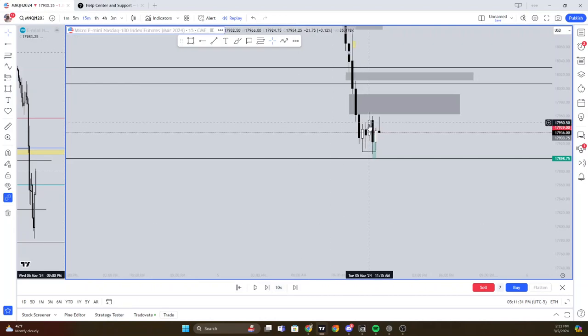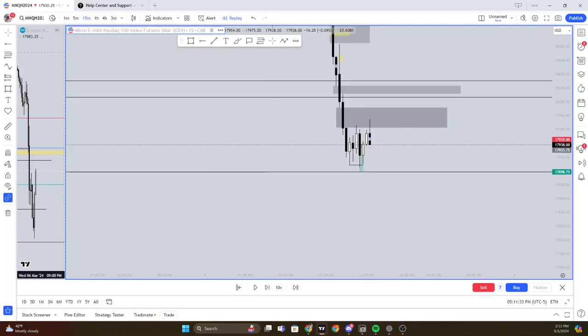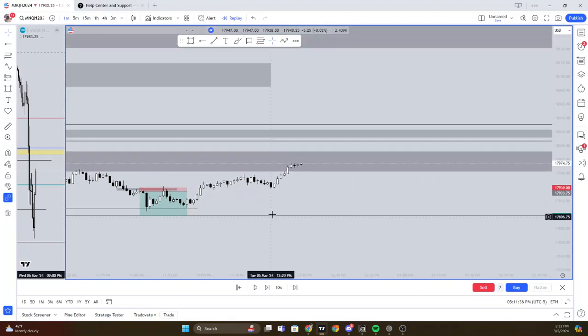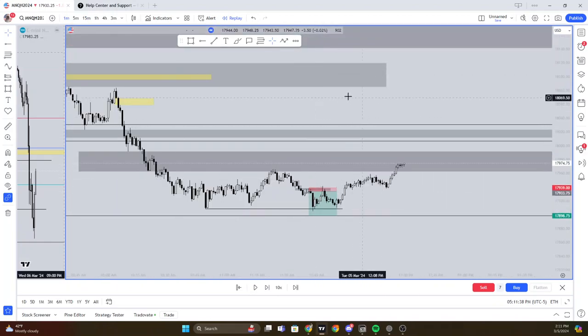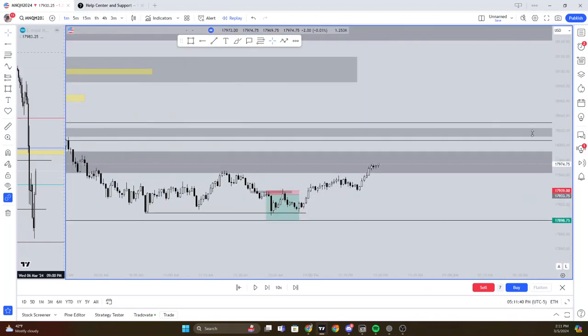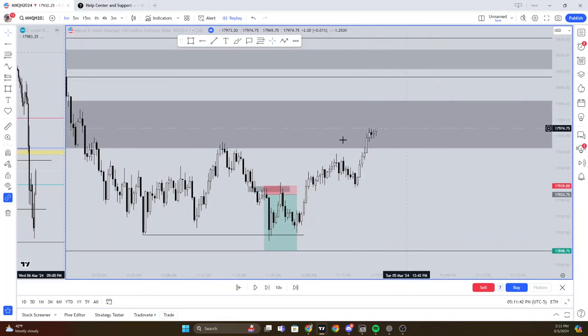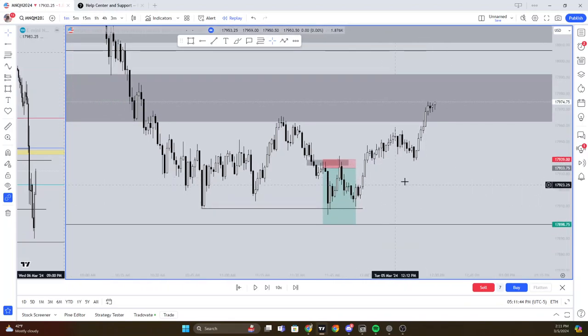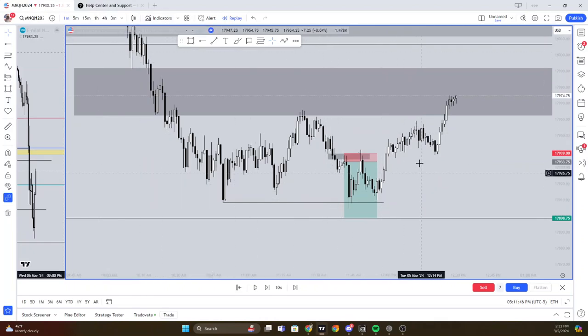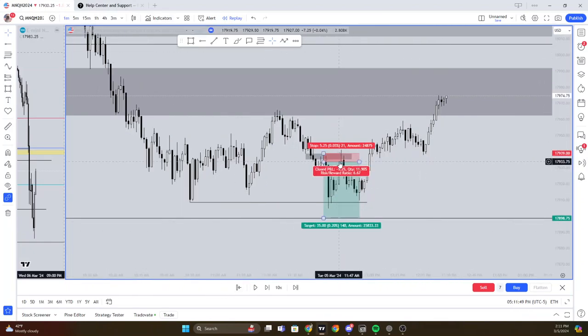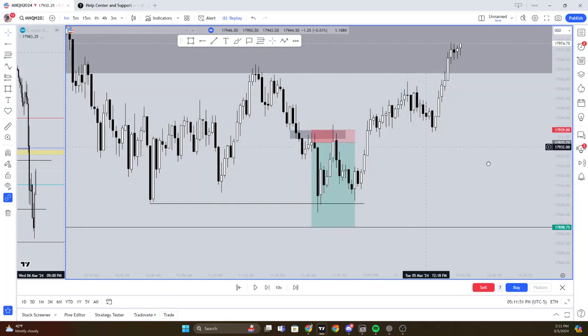Once we went into the 15-minute fair value gap, I was expecting it to go higher at first. However, if I see a good reaction, I'm willing to enter. Sorry, I got a little bit ahead, but this is basically my trade for today.